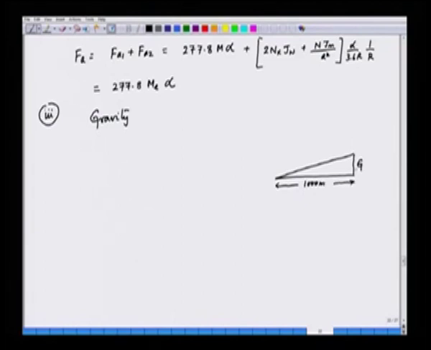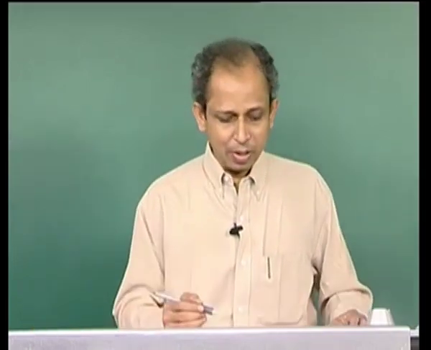Because of this we have a tractive effort which is required. This is basically the mass of the train, or the weight is 1000 m into g. So, we have a component of the force which is opposing the motion, it is trying to go backward, and that is basically the tractive effort which has to be supplied by the locomotive. So, that is evaluated as follows.